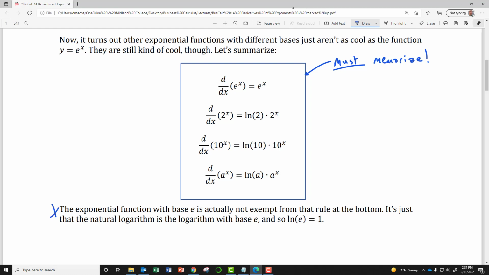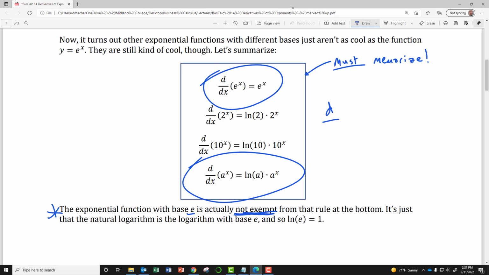And I just want to point out that the exponential function with base e is actually not exempt from this rule at the bottom. So it looks like this and this are different derivative rules, but in fact they aren't. What I want to point out is that if I take the derivative of e to the x, this is going to be natural log of e times e to the x.